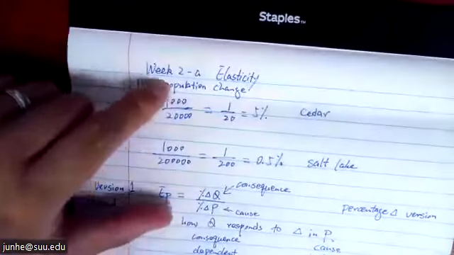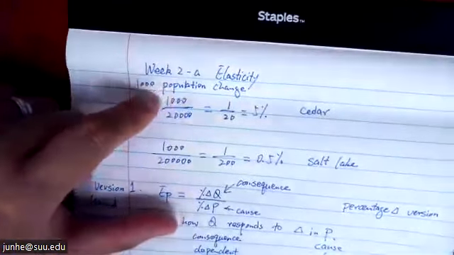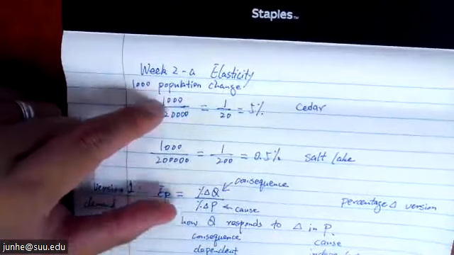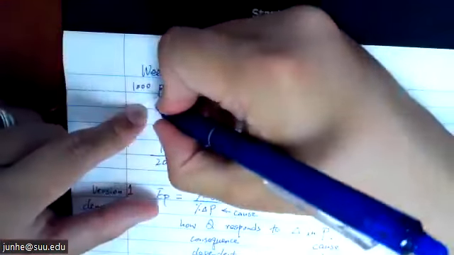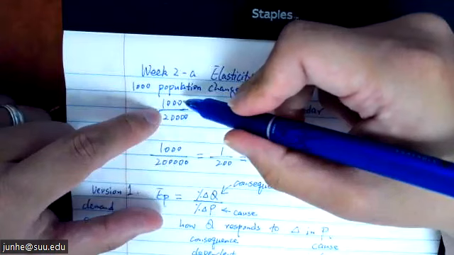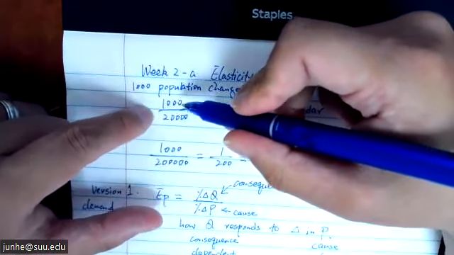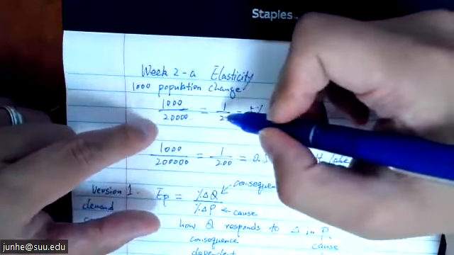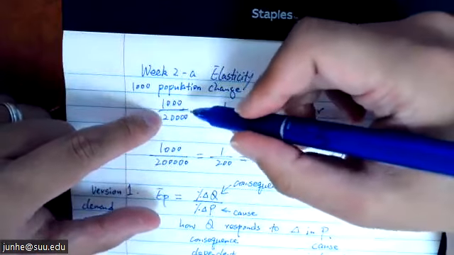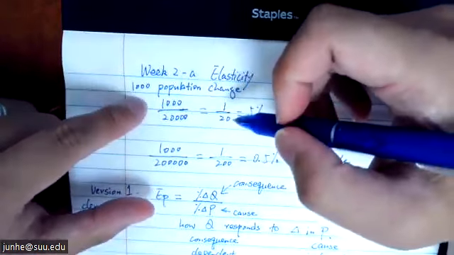If you can recall, previously we introduced the percentage change in population by putting the change in population, which is 1,000 people, over the total level of population, right?